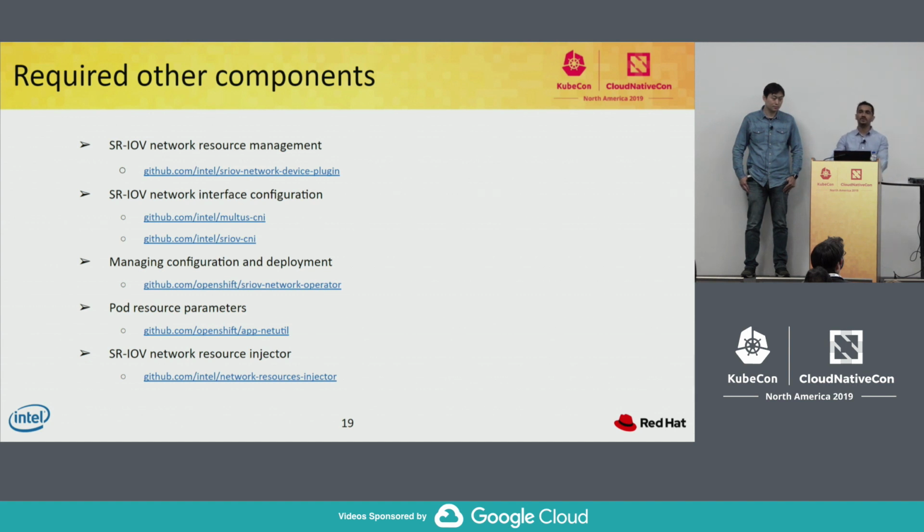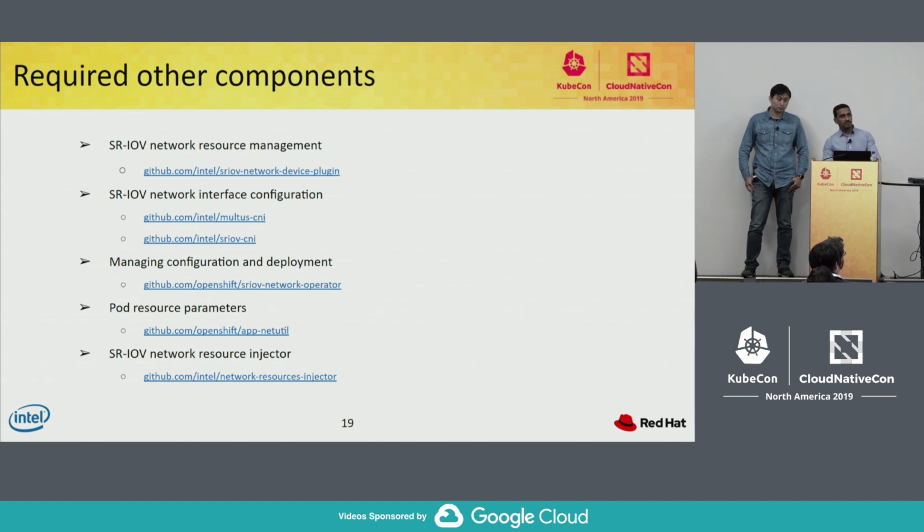For example, if you want to configure a VLAN or a rate limit or things like that, you can do that through the SR-IOV CNI. And we also have the SR-IOV network operator. There is a lot of configuration that needs to be done for both the SR-IOV device plugin and the SR-IOV CNI, so the SR-IOV network operator simplifies those processes.